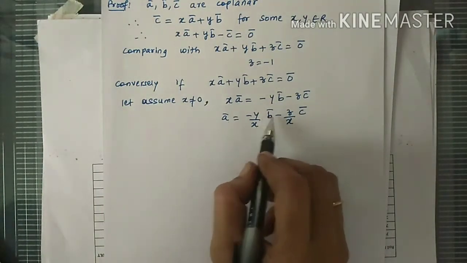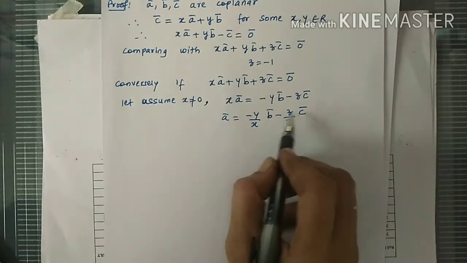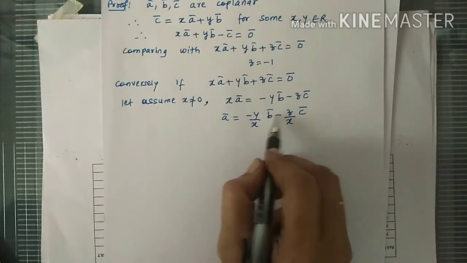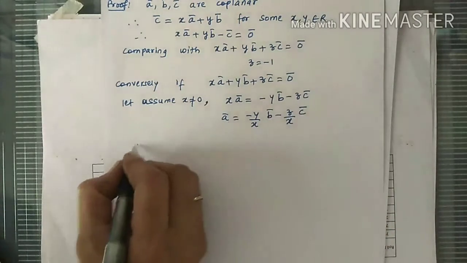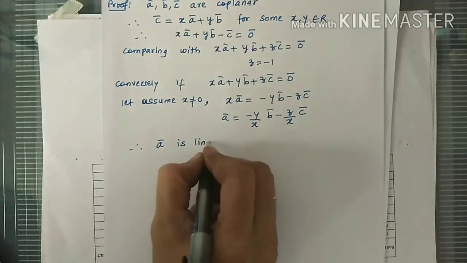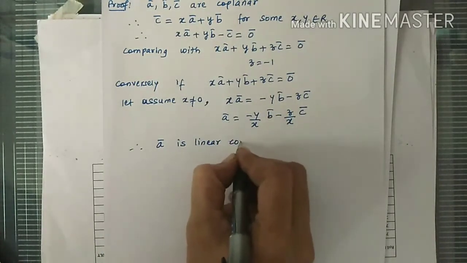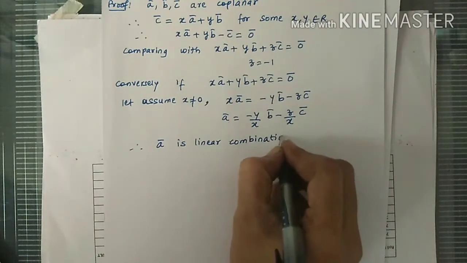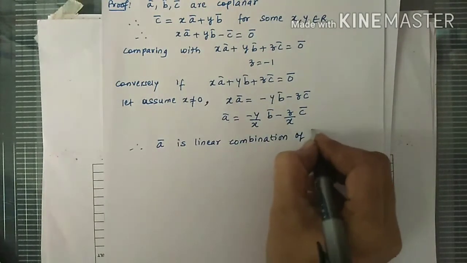And we are adding those vectors. So it is a linear combination of B bar and C bar. So we are expressing A bar as a linear combination of B bar and C bar. Now this is possible only when they are coplanar.